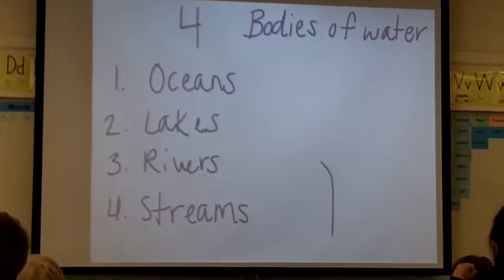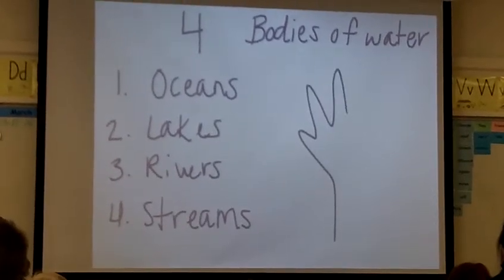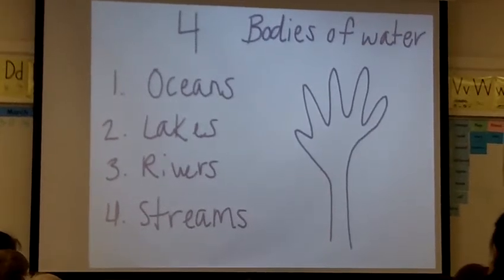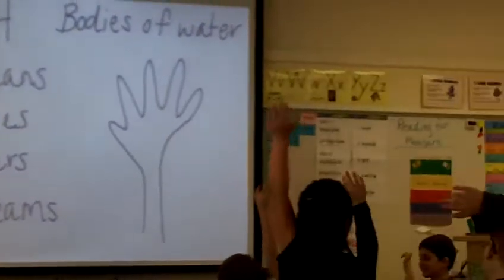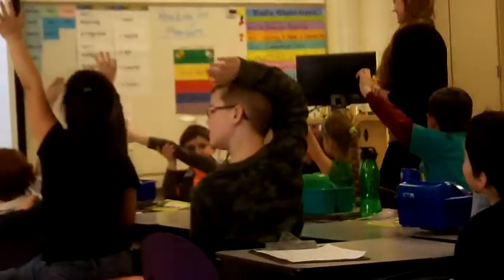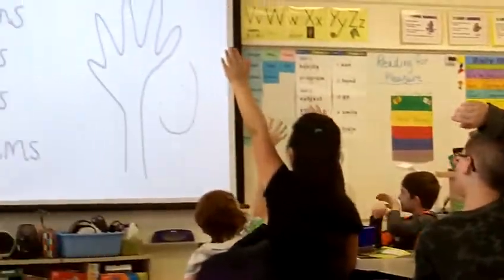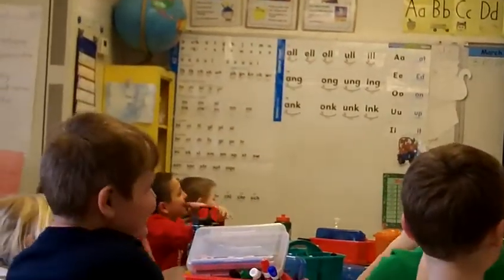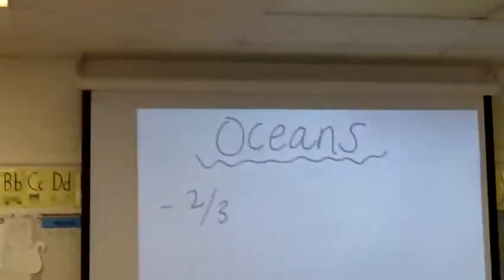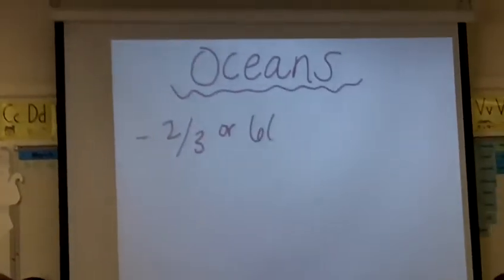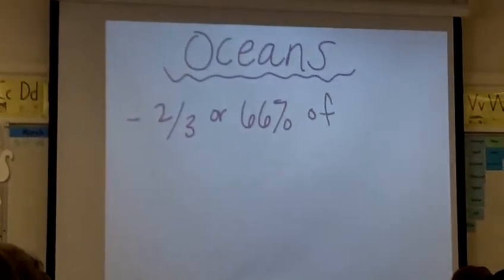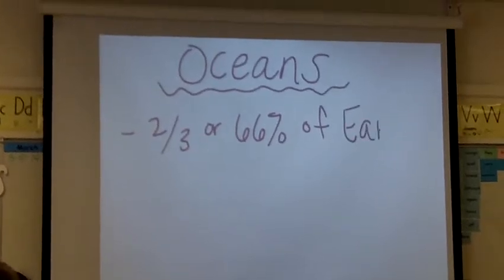Raise your hand if you have heard of one or any of these bodies of water before. Great. I love that we already know what we are talking about. Oceans make up 2/3 or 66% of the Earth's surface.